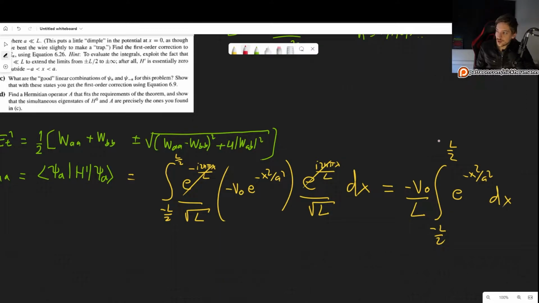However, we know that L is so much smaller than a, that even if x ranges in a very, very large range, the change won't really be particularly large with respect to L. So L over 2 might as well be infinity, because a is so small that it's going to take a long time to get to infinity. Of course, this is an approximation. This is not exact, but it's going to be good enough.